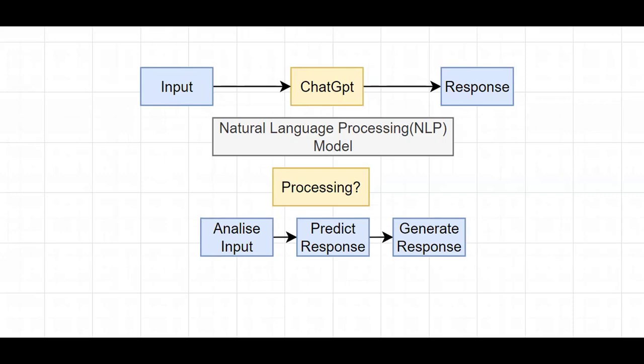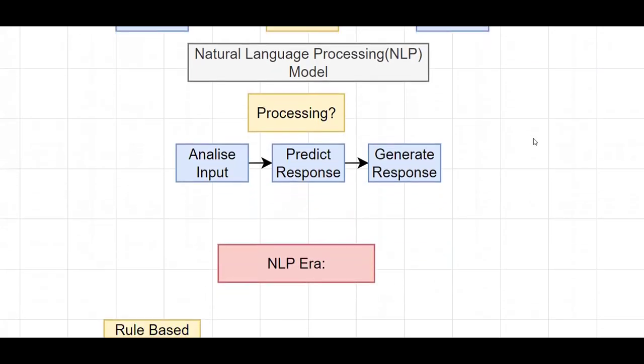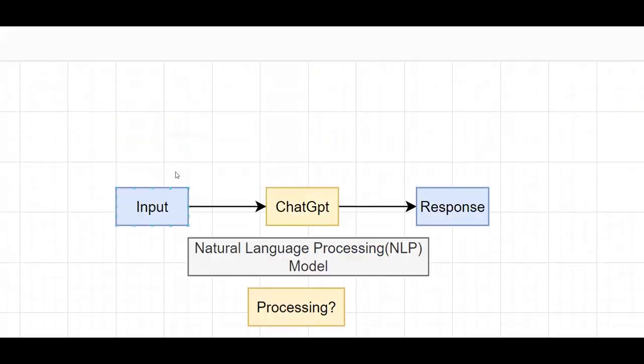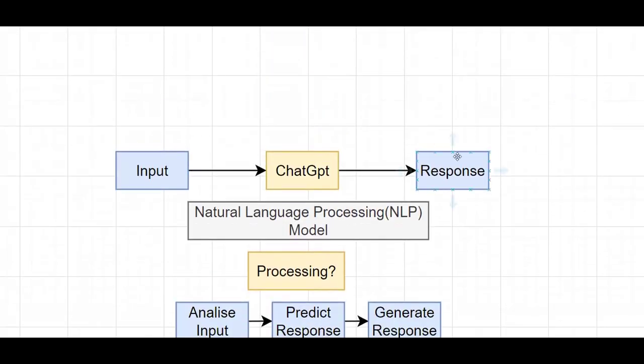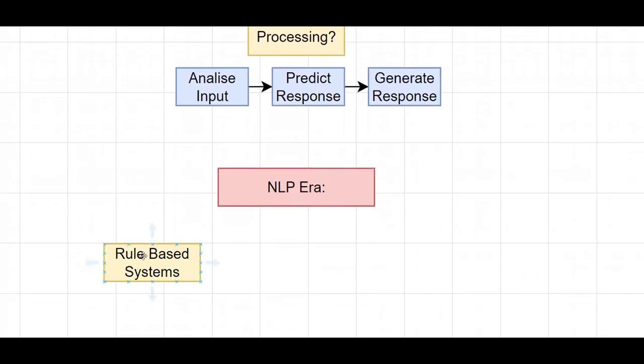During the starting era of natural language processing models, we were using rule-based systems. That is, in the starting days, to process the given input and provide the response, we used these rule-based systems.